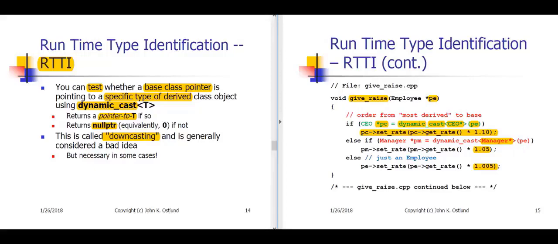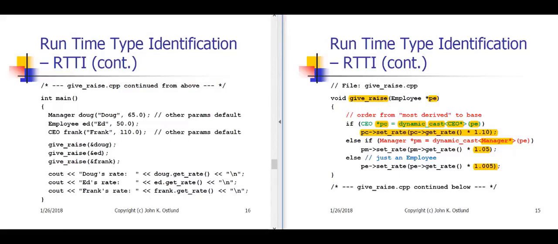Here on slide 16, we have a program that's making use of a manager object, an employee object, and a CEO object, calling giveRaise on each one by passing the address of each of these objects, and then displaying the new rate after the raises have been applied. So Doug is a manager.